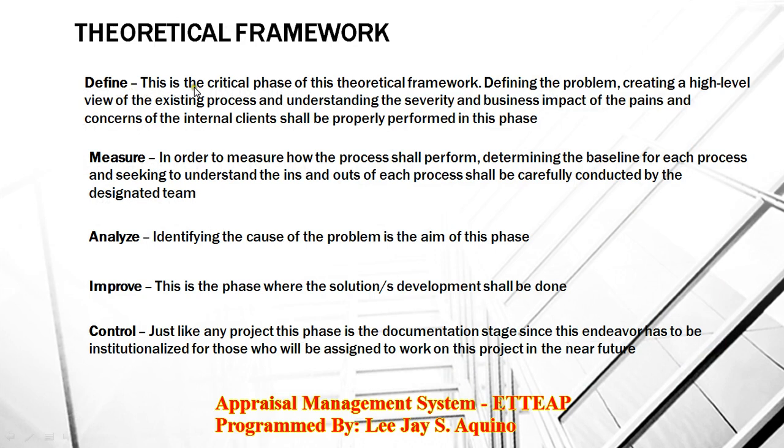Define: this is the critical phase of the theoretical framework, defining the problem, creating a high-level view of the existing process, and understanding the severity of the business impact, with the concerns of internal clients properly addressed in this phase.